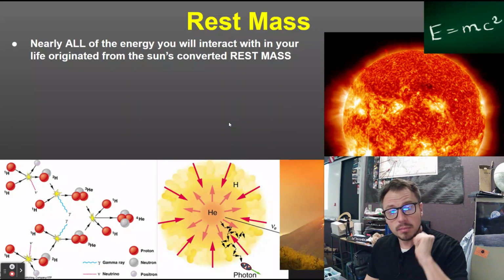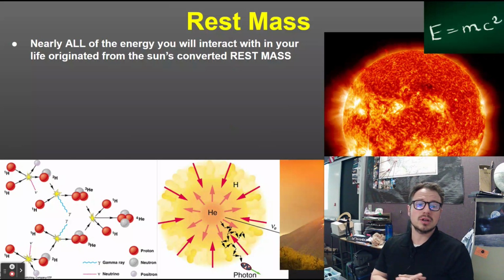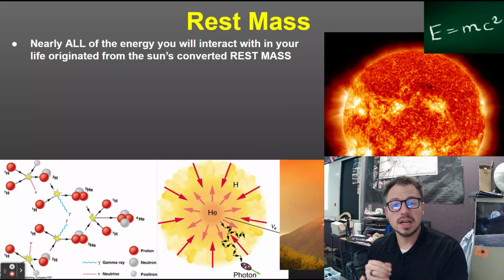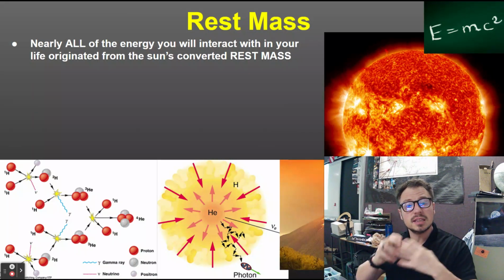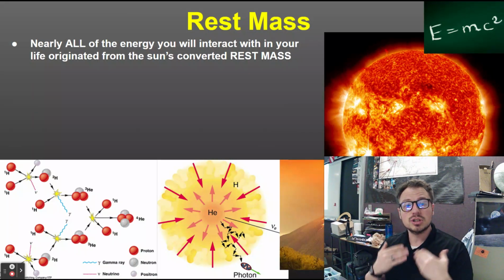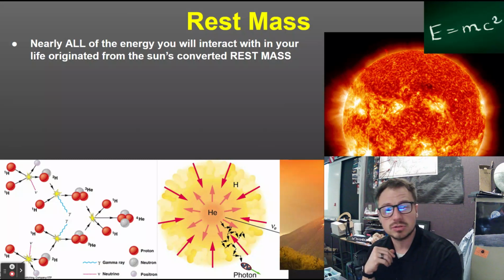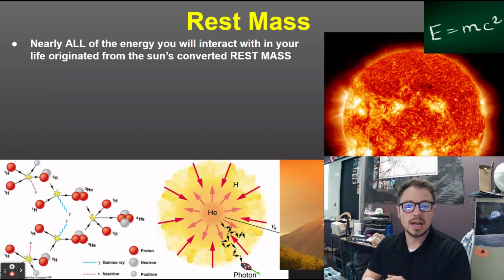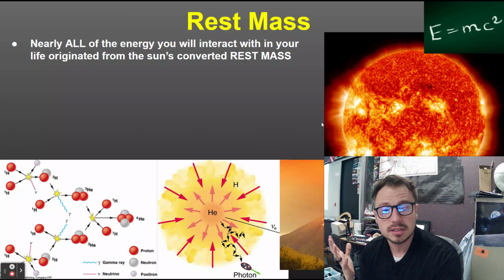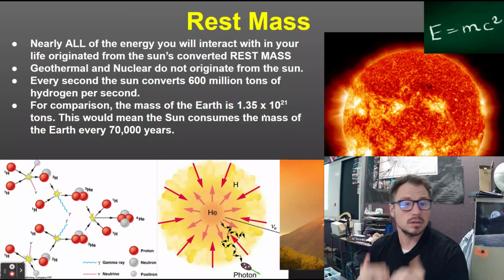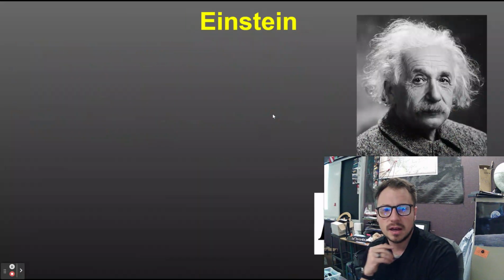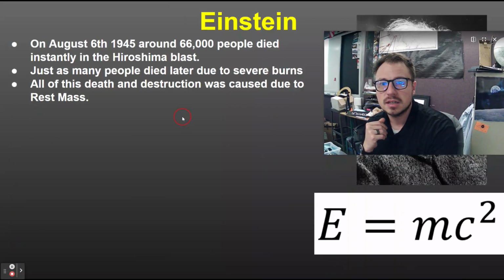In fact, most of the energy that you interact with on a daily basis originated from the sun's rest mass. When the sun fuses, it takes that mass and converts it into energy, which is released as radiant light and heat, and it goes out and heats the earth. That's where we get the majority of our energy from rest mass.